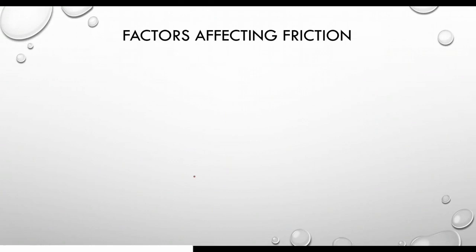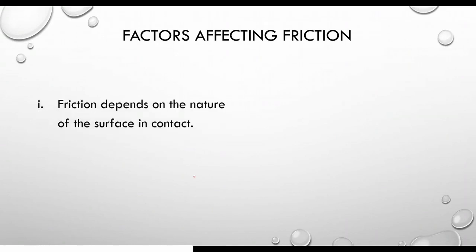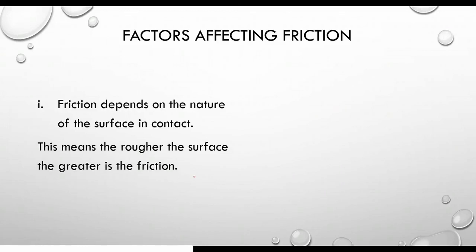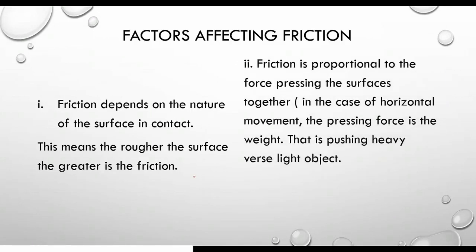Factors affecting friction. The first one is that friction depends on the nature of the surface in contact. This means the rougher the surface, the greater the friction. The next one: friction is proportional to the force pressing the surfaces together.